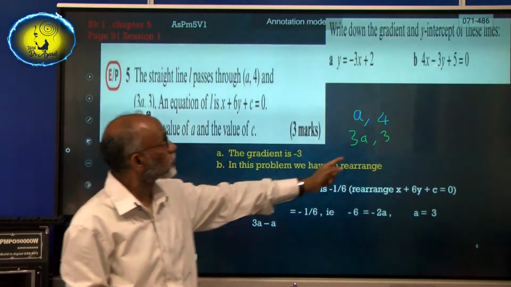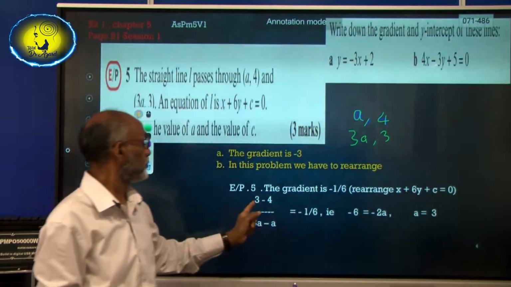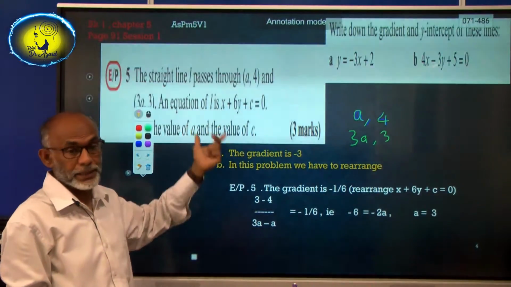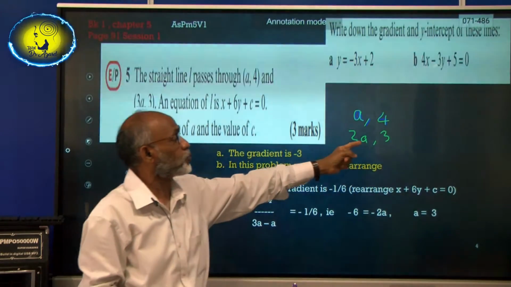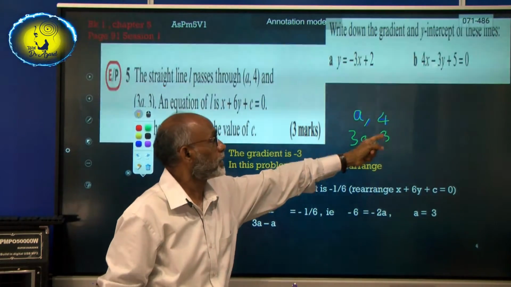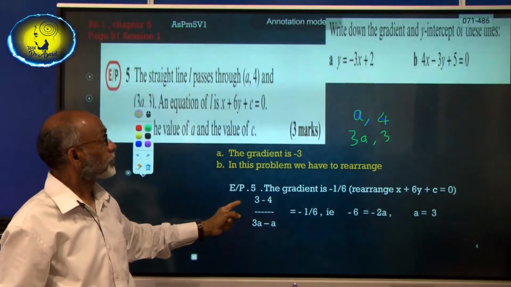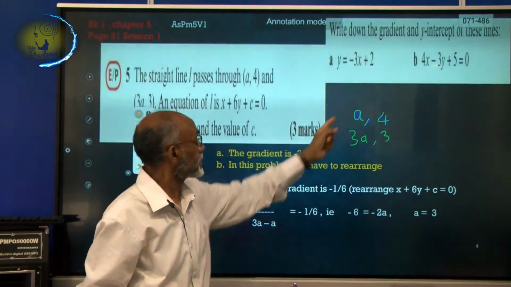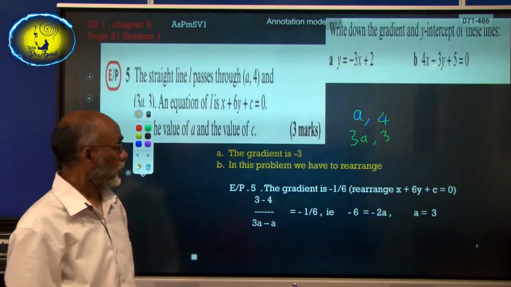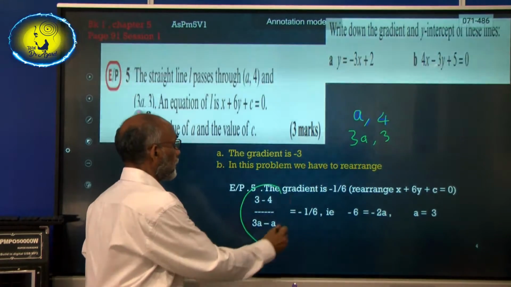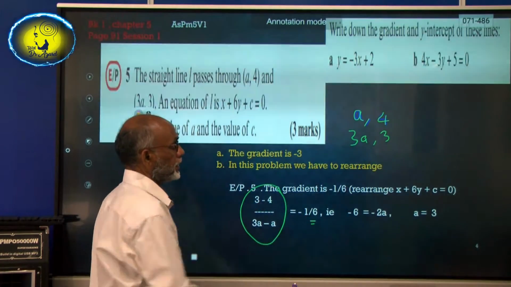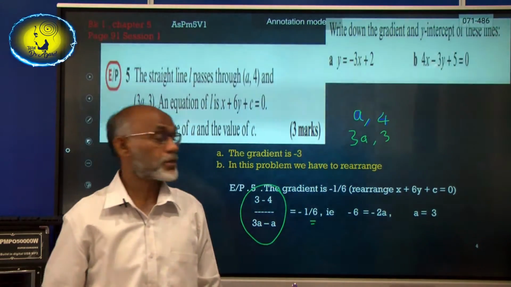You can see 3 minus 4. In the earlier example I said y2 minus y1, that's equal to 3 minus 4 upon 3a minus a. Once you simplify, you will get the gradient, that is minus 1 upon 6.